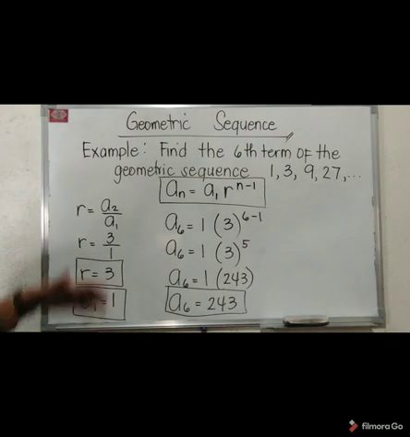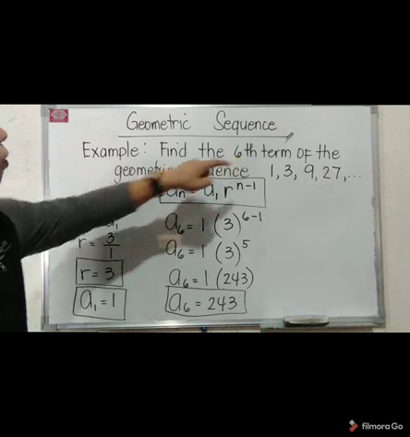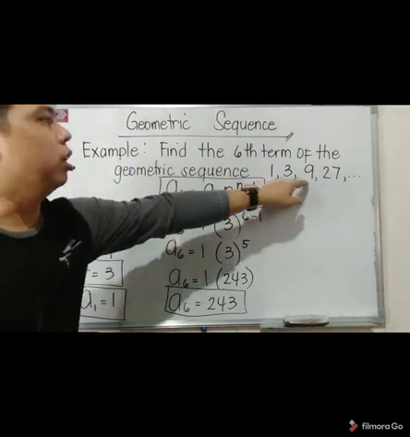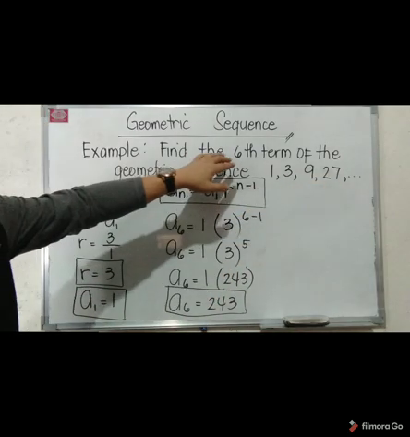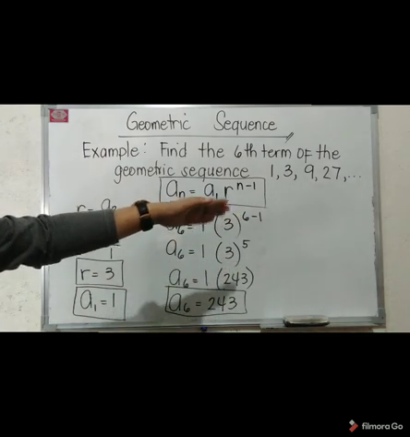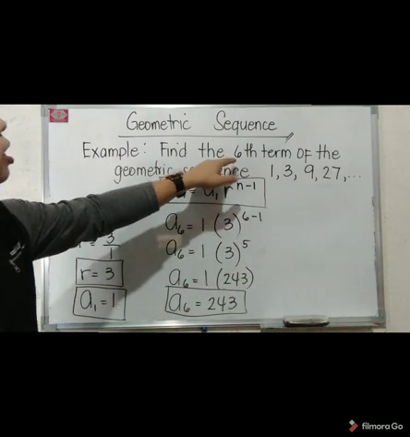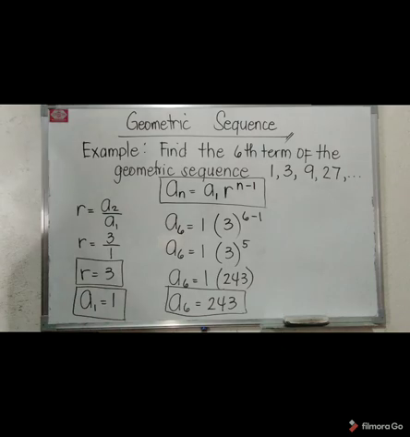Example number 1. Find the sixth term of the geometric sequence 1, 3, 9, 27, and so on. So, sa geometric sequence natin ito, provided that we have 1, 3, 9, 27, pinapahanap sa atin ang sixth term. So, ano yung sixth term sa ating geometric sequence na given?